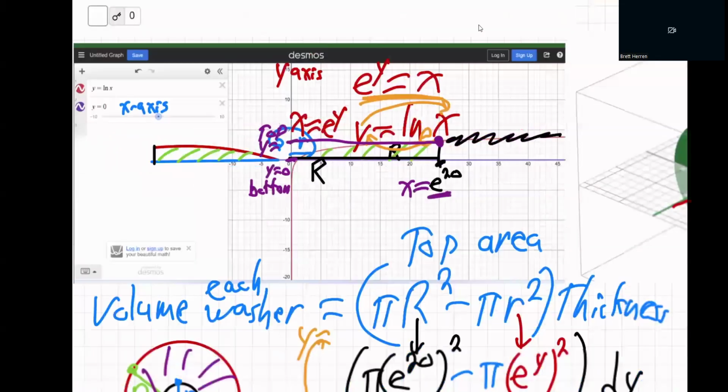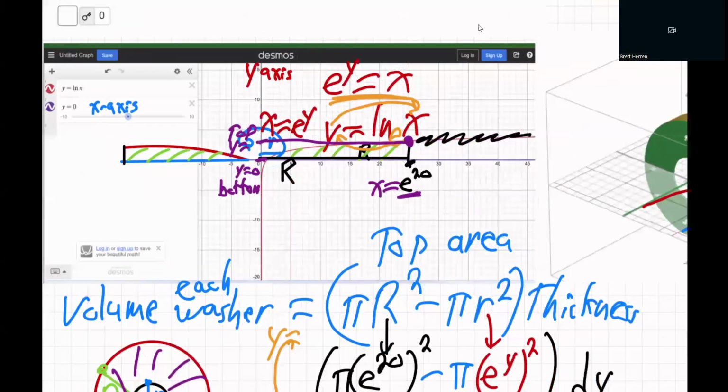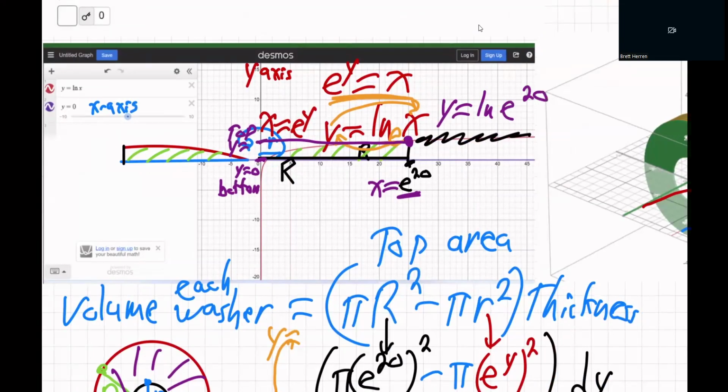Well, how do you do that? Well, that's plugging e to the 20th into this. y equals natural log e to the 20th, right? Let's plug that e to the 20th right in there for x, because that's what this is. That's this curve. It's this equation. Plug in e to the 20th. What happens? These cancel. y is 20.